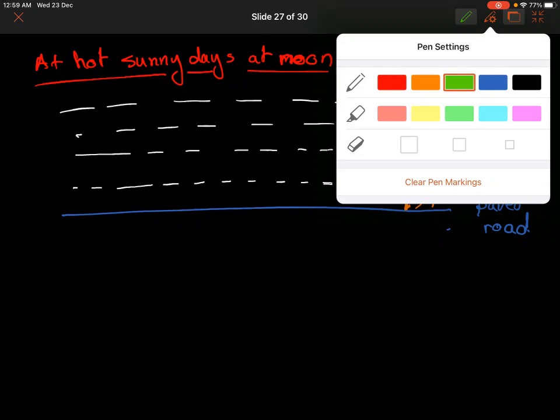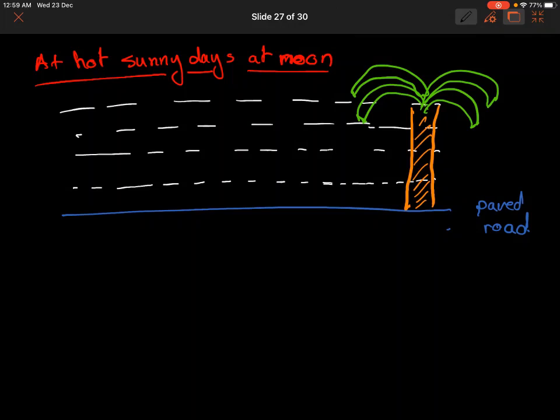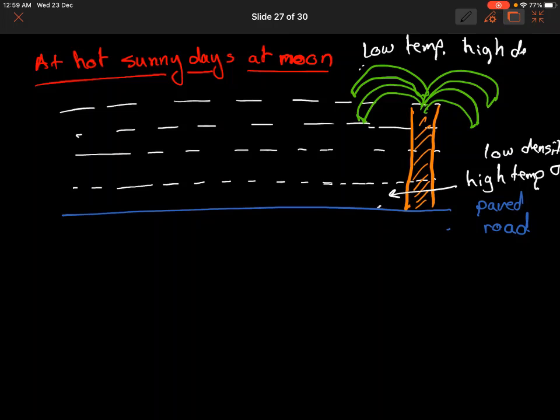After that, you can notice some things here. The layer which touches the ground has high temperature and low density. As you go from down to up, what happens? The temperature decreases, so I have low temperature above and high density.